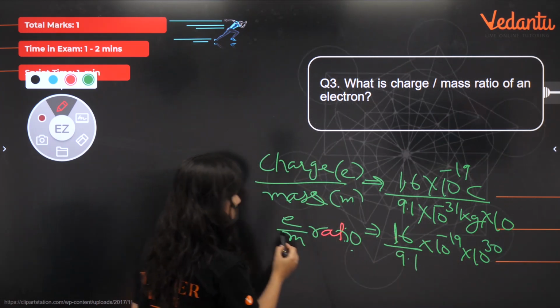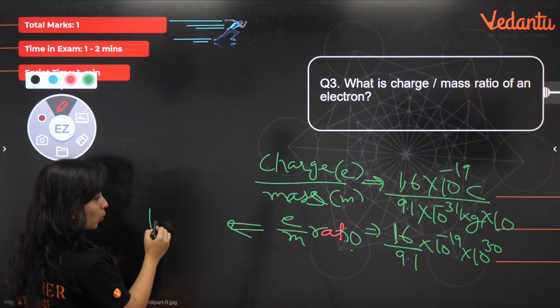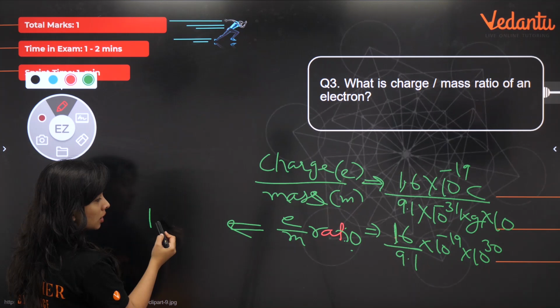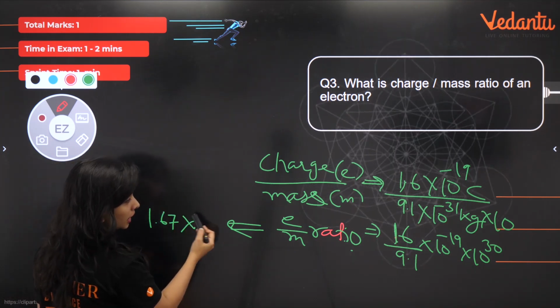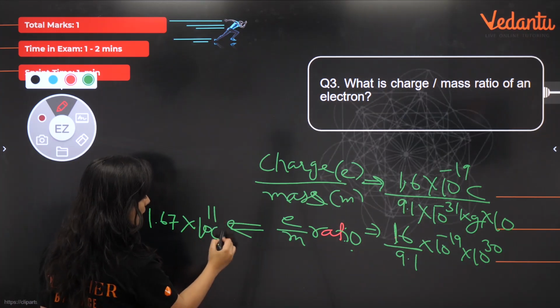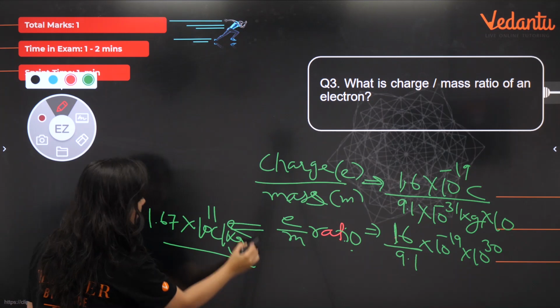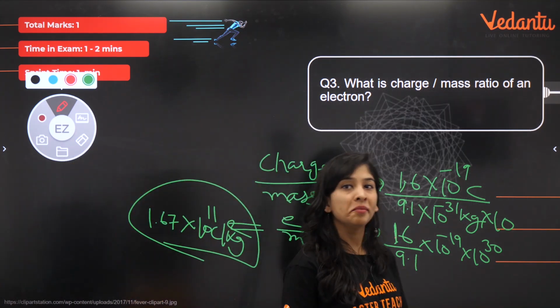Now let's solve it. क्या आएगा? 16 upon 9.1, 1.67 × 10^11, right? Coulomb per kg, which is the unit of the E over M ratio, charge over mass ratio.